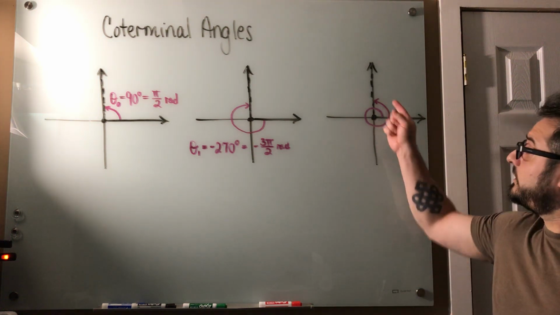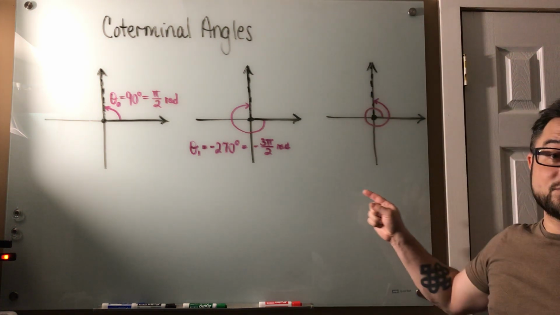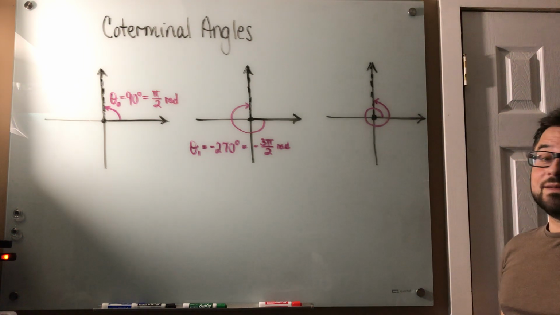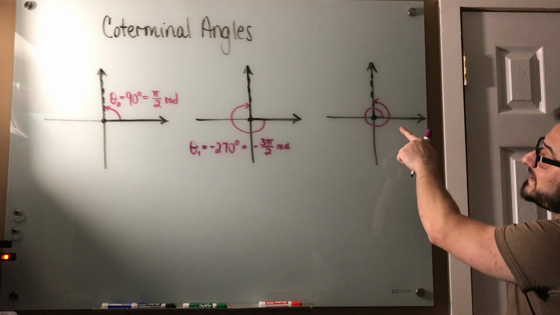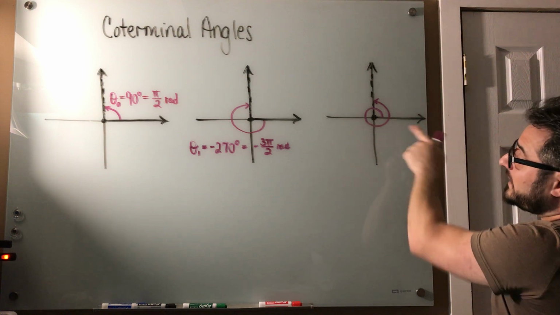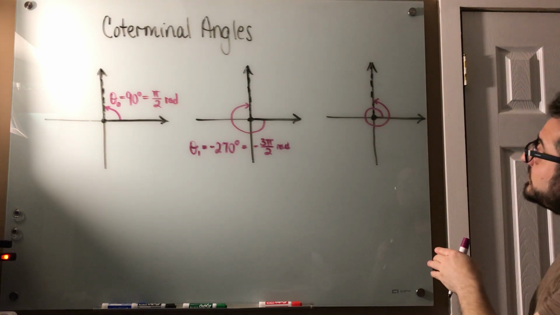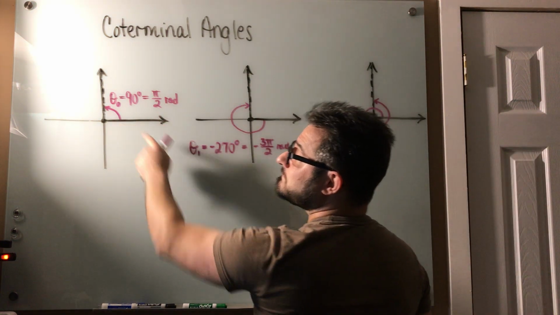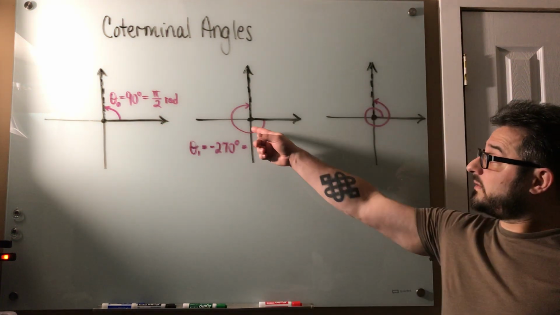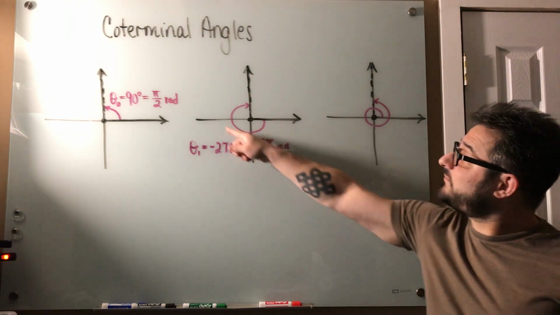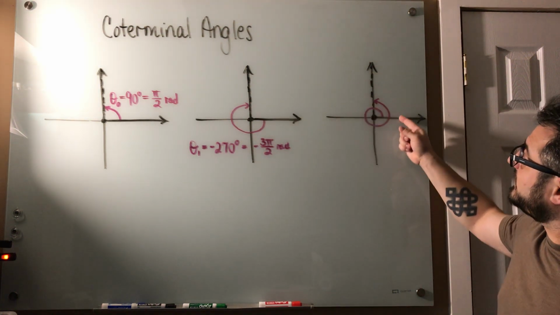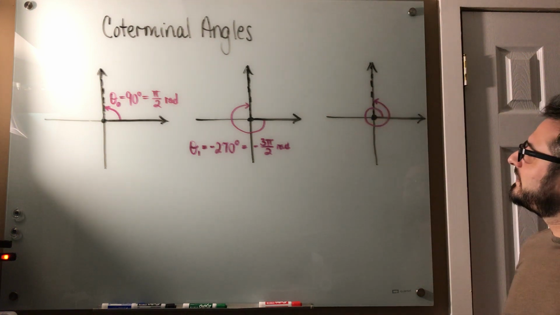And for that matter, we could continue around as many times as we wanted. Point being that this, while still being in the positive direction of positive rotation, is considerably more rotation than that. It's even more than this one was, because this one didn't even go a full circle in the opposite direction. This one goes all the way around and then some.